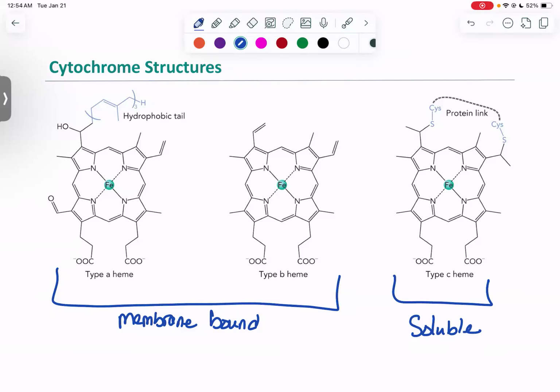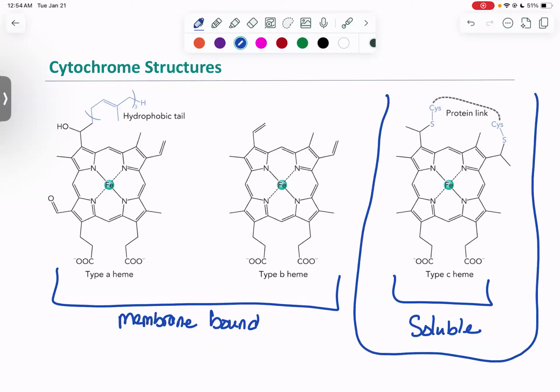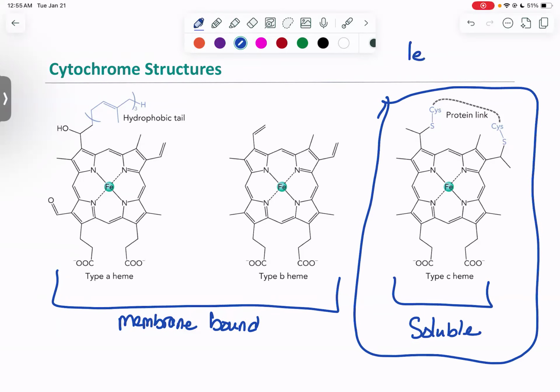So cytochrome C, which is what we are talking about in the electron transport chain, is a small protein and it associates with the inner membrane side, but it's soluble, so it can be in the inner membrane space, but we say it associates with the inner membrane side. And this is the one that's responsible for transferring that 1 electron. So you get 1 electron that goes from complex 3 to complex 4. And it's an iron containing heme prosthetic group that we've seen before in hemoglobin. It's a very highly conserved system.